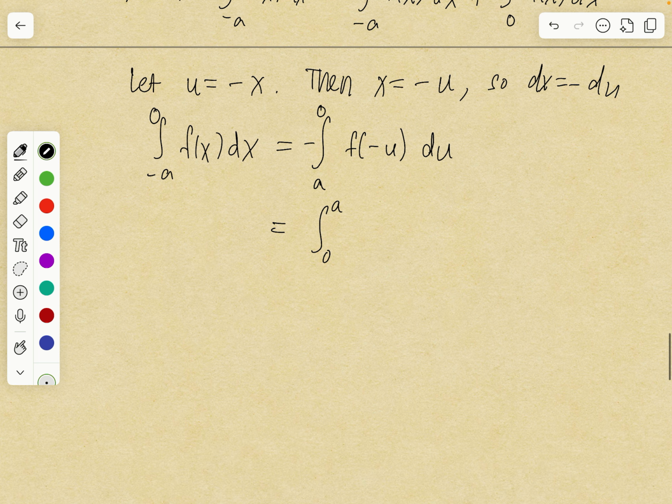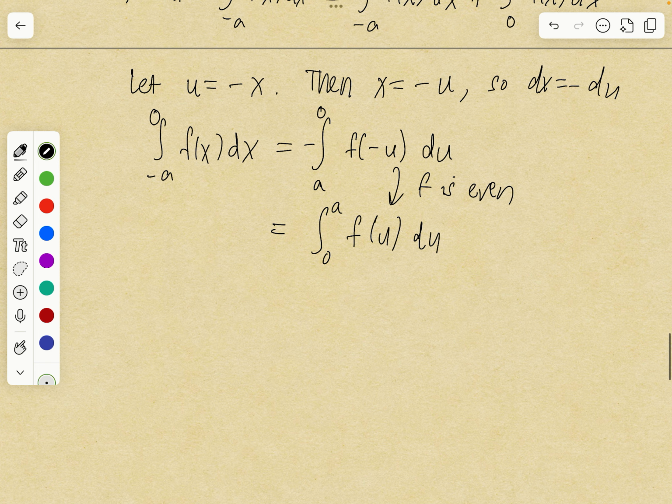Okay, and then you get f of negative u. Now f of negative u is just, if f is even, this is just f of u, right? That's because f is even. Now the integral from 0 to a of f of u du is just equal to the integral from 0 to a of f of x dx, because we're just using a variable.